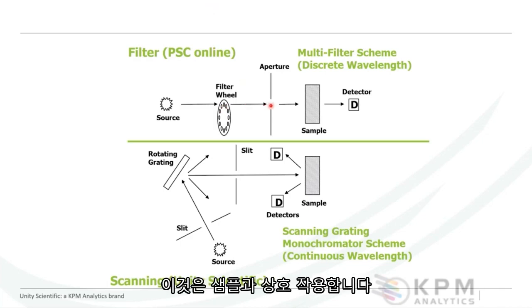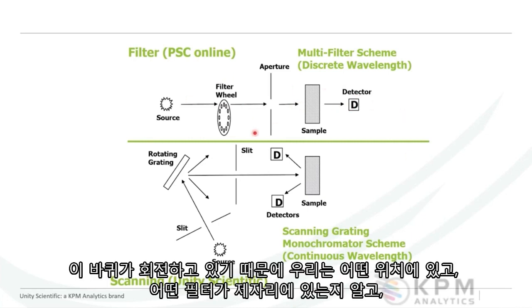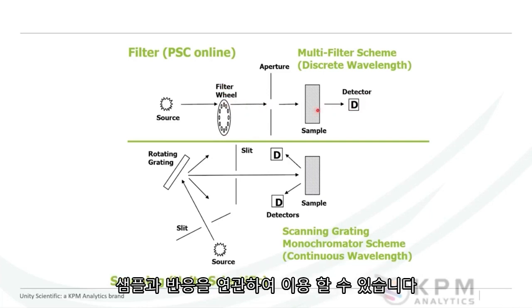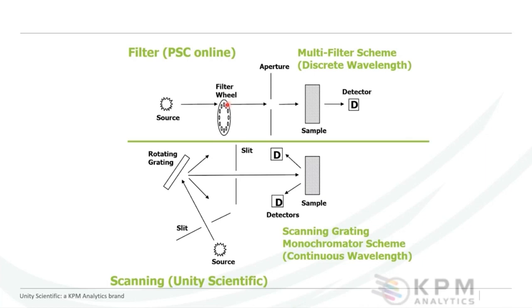It goes through a slit, interacts with our sample, either in reflectance or transmission, and it's collected by a detector. As this wheel is spinning, at any one position we know which filter is in place. We can measure the response at the detector, and we can use that to relate the reflectance of the sample at that filter position or that wavelength.